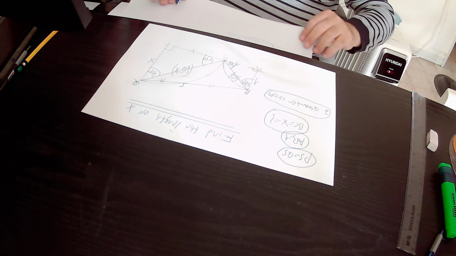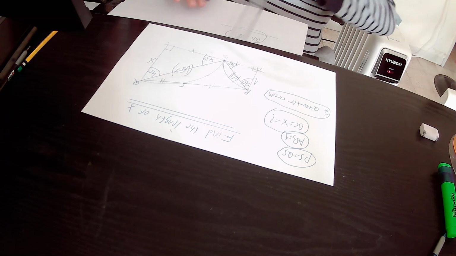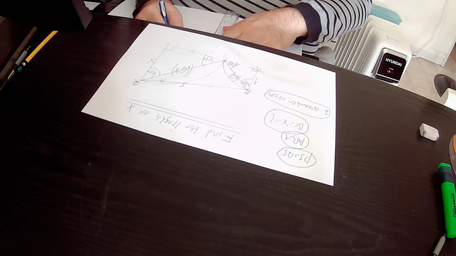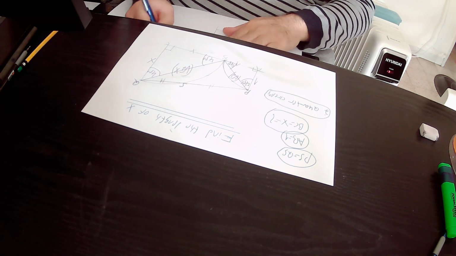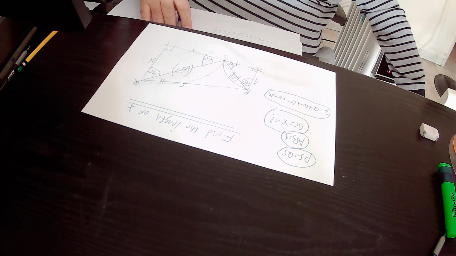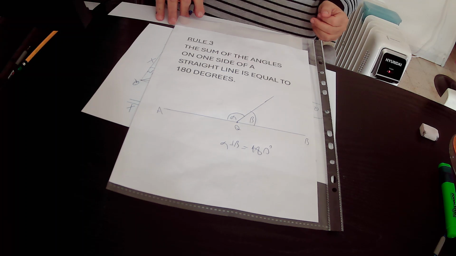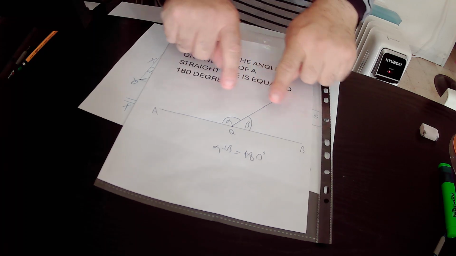In the next step, I will present to you rule number 3 and we will implement rule number 3 in our drawing. According to rule number 3, the sum of the angles on one side of a straight line is equal to 180 degrees. In the drawing we have the straight line AB.